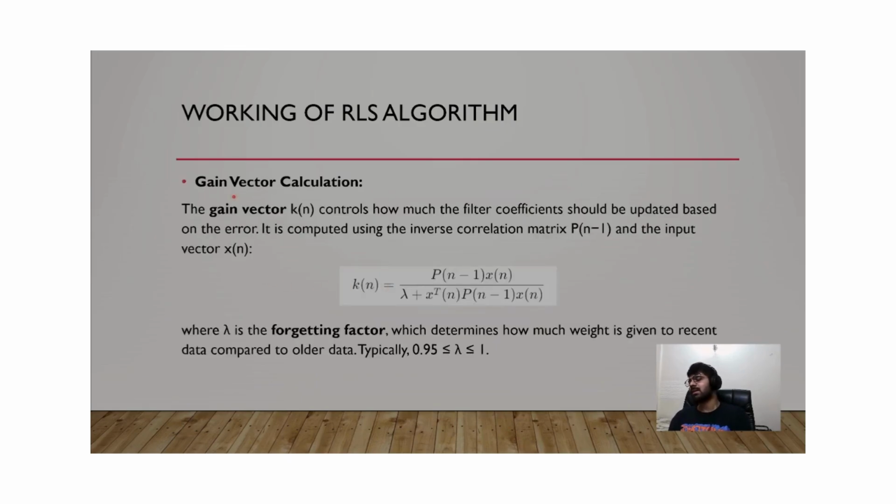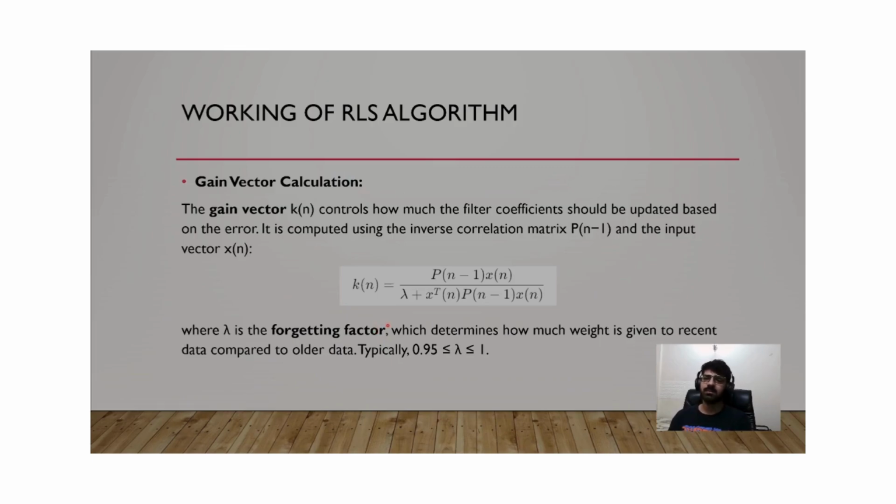Then we have gain vector calculation. The gain vector controls how much the filter coefficients should be updated based on the error. It is computed using the inverse correlation matrix P n minus 1 and the input vector xn. This is the formula for the gain vector, where lambda is the forgetting factor, which determines how much weight is given to recent data compared to older data.